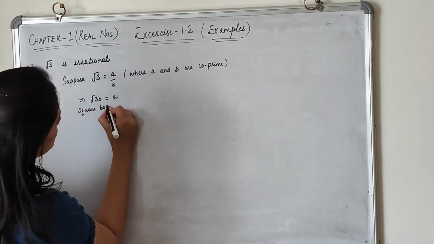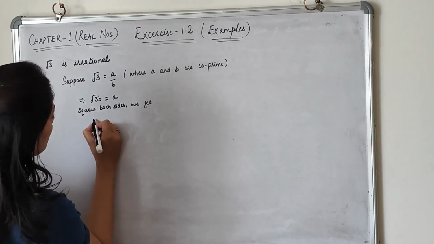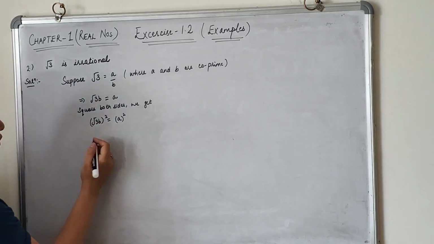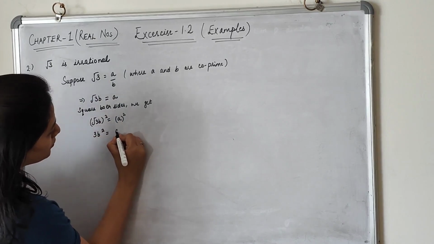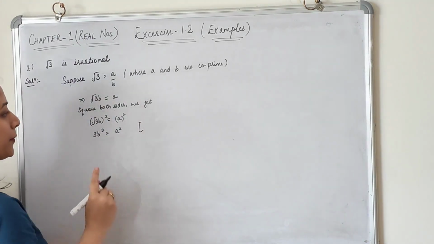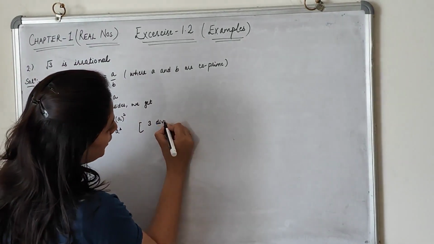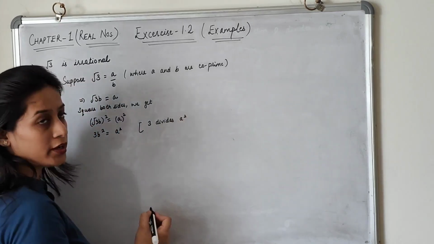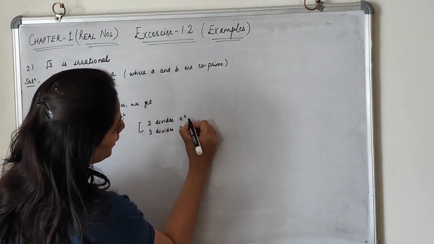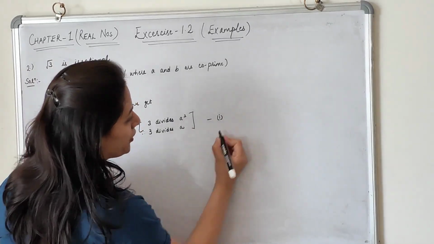Square both sides, we get 3B square is equal to A square. So what you observe from this equation is A square is divisible by 3. 3 divides A square, therefore 3 divides A. Make it first equation.